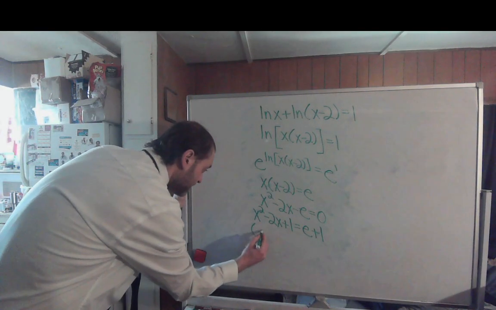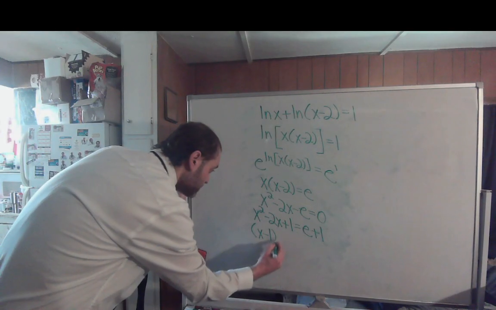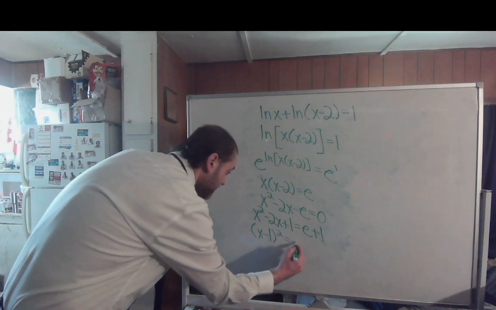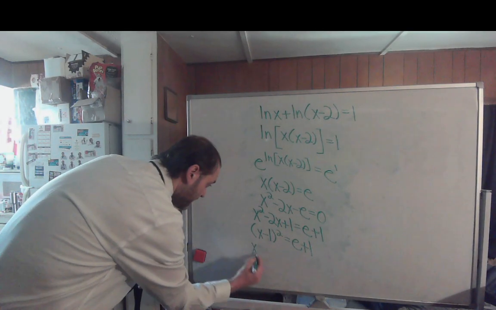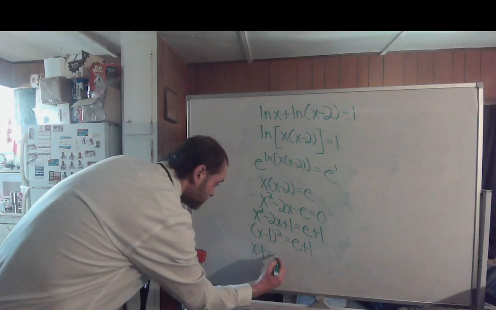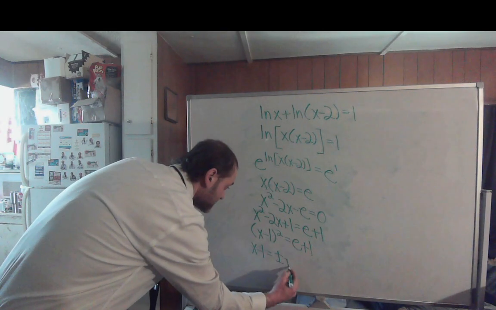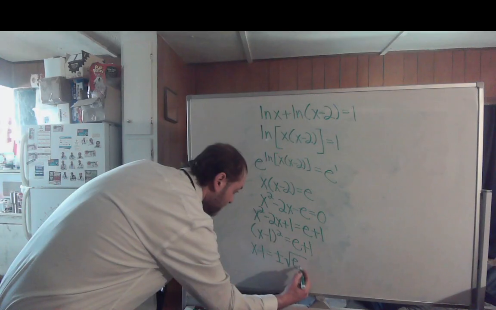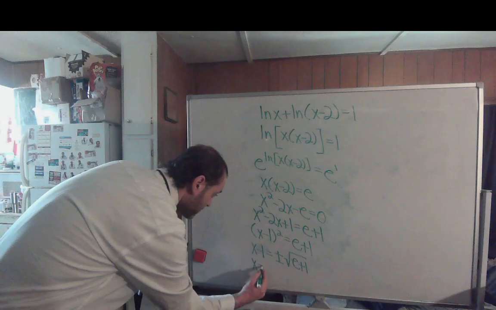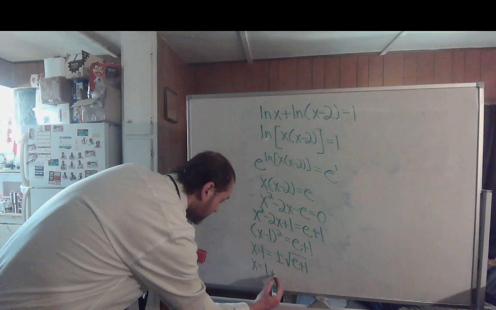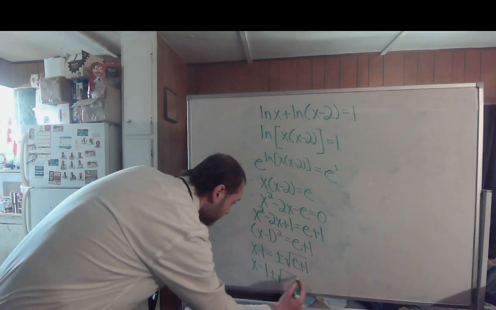Which would have to mean that x minus 1 squared equals e plus 1, which would give you that x minus 1 equals both plus and minus the square root of e plus 1, which would mean x would equal 1 plus and minus the square root of e plus 1.